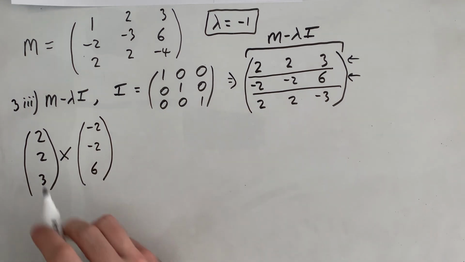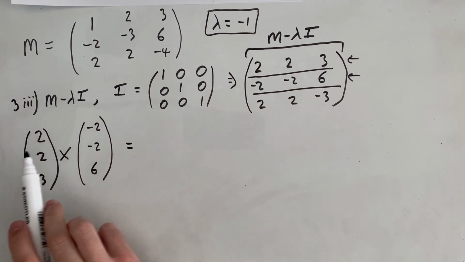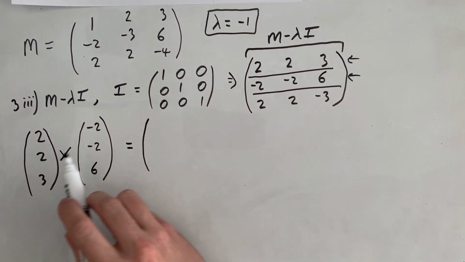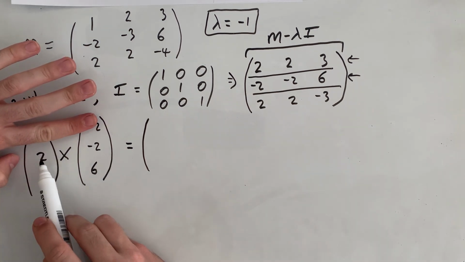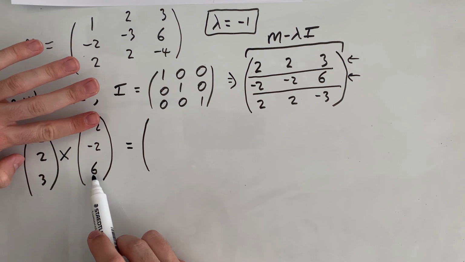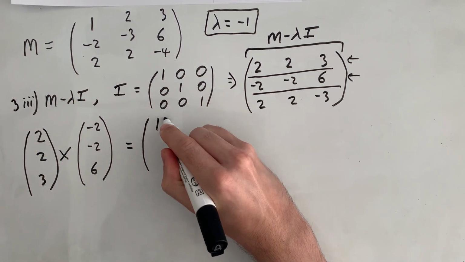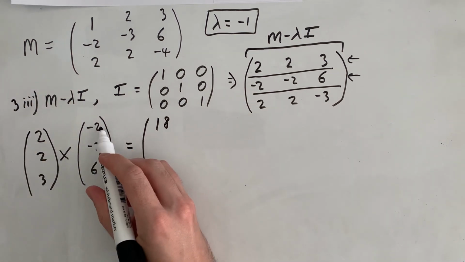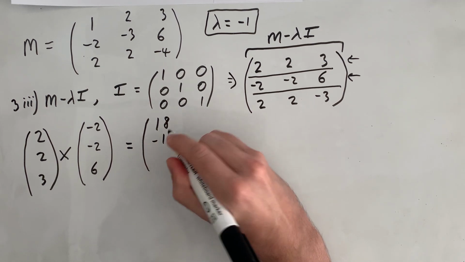Now we can evaluate this. A quick method to evaluate the cross product is to put our finger over the row that we're interested in. So we want the entry for this top row: 2 times 6 is 12, minus minus 6, so we've got 18. Same trick again: 3 times minus 2 is minus 6, minus 12, minus 18.